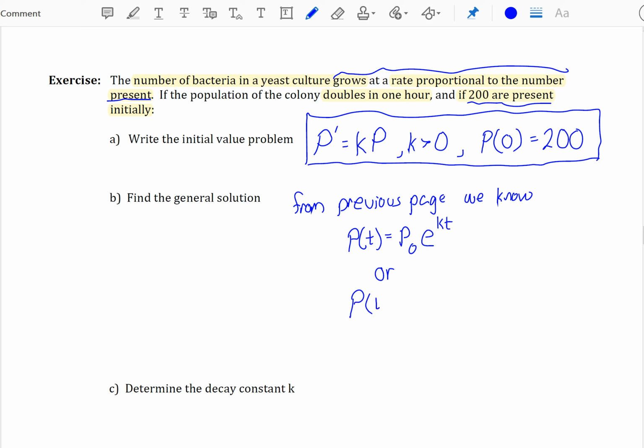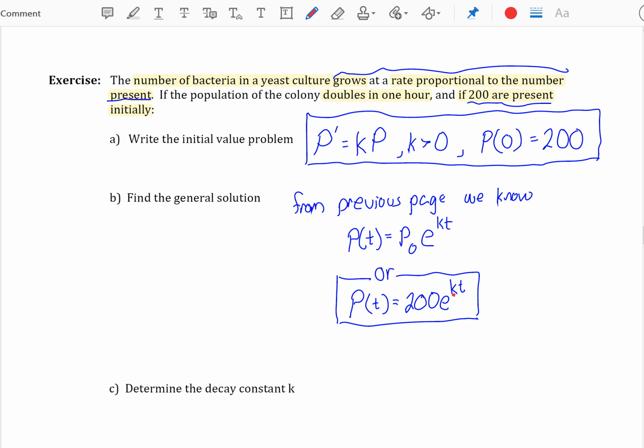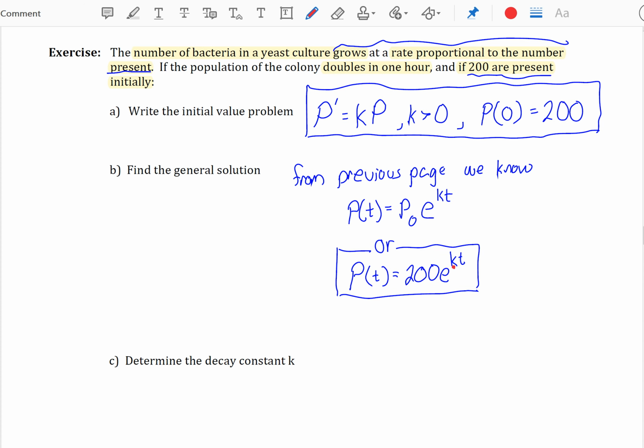We have P of t equals 200 e to the kt. This is our general solution. However, notice that what is not written in our equation is what this value of k is. So now we're asked to determine the decay constant.